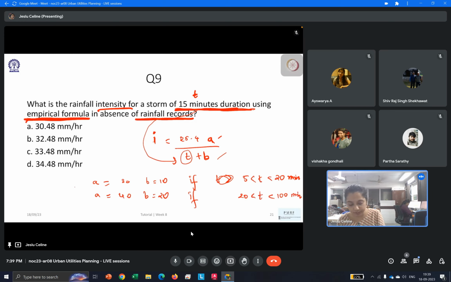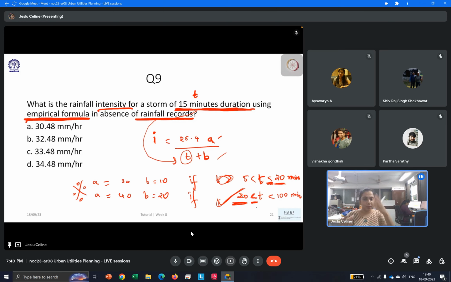So this you need to keep in mind. I think this is where mostly we go wrong, because it's based on the duration that we need to see. If the duration is less than 20, we use the first formula. If it is equal to 20 or more than 20, we go with the second formula.